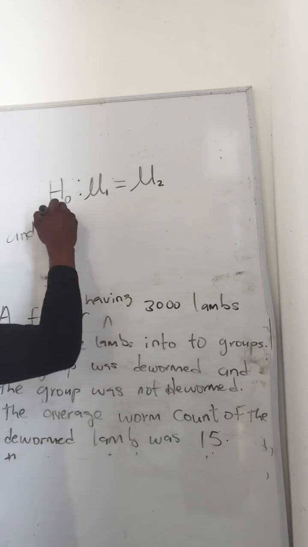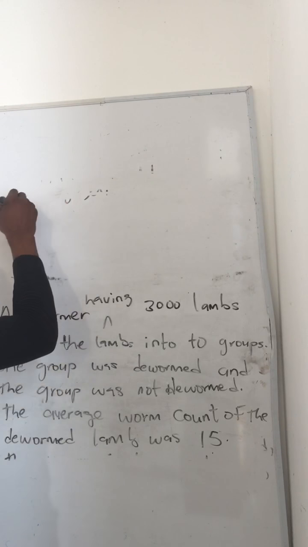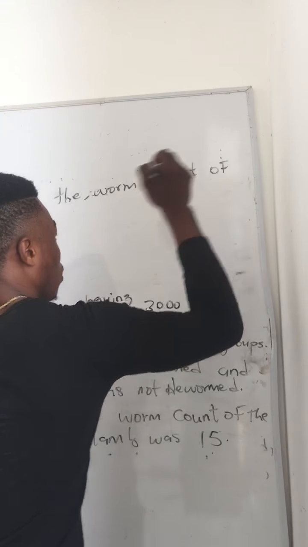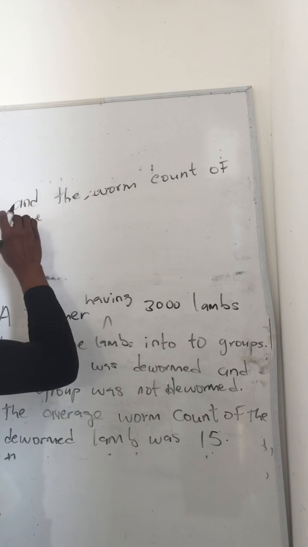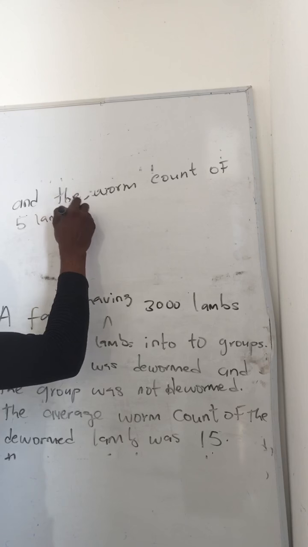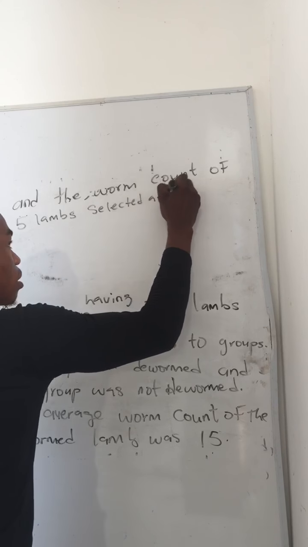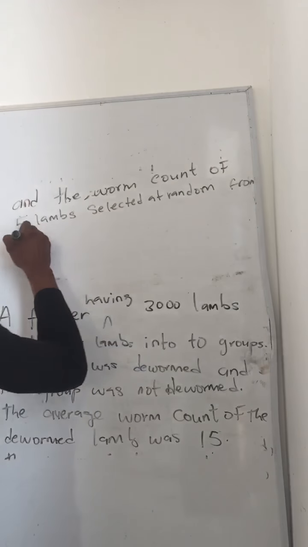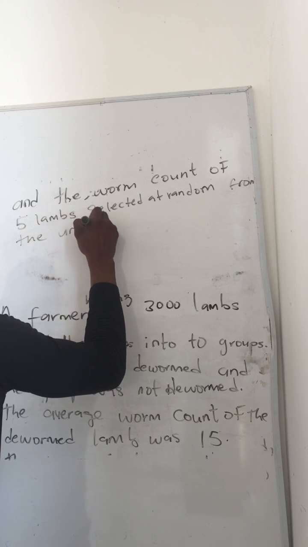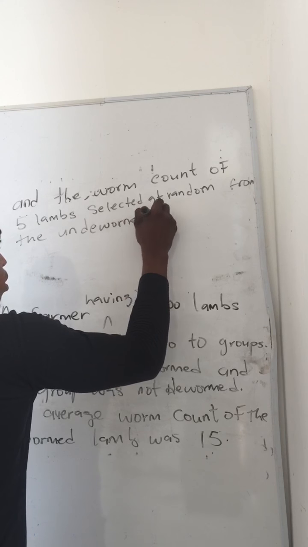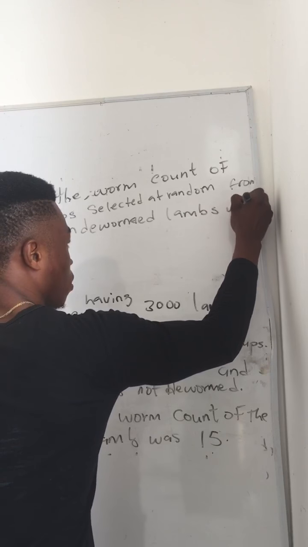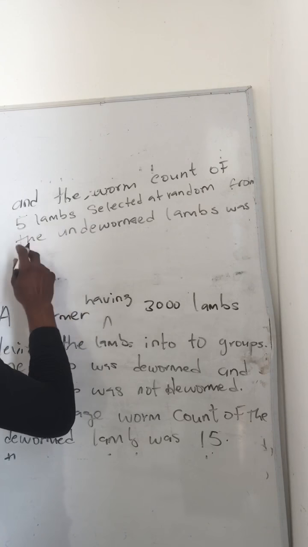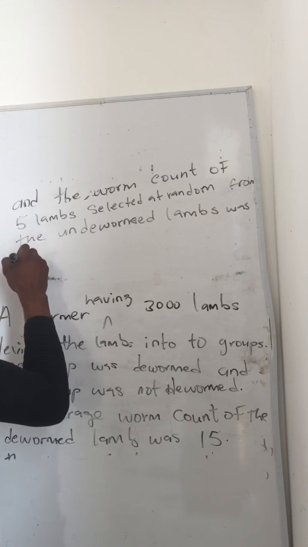And the worm count of 5 lambs selected at random from the undewormed lambs is, so we took 5 of them, so we had data given.